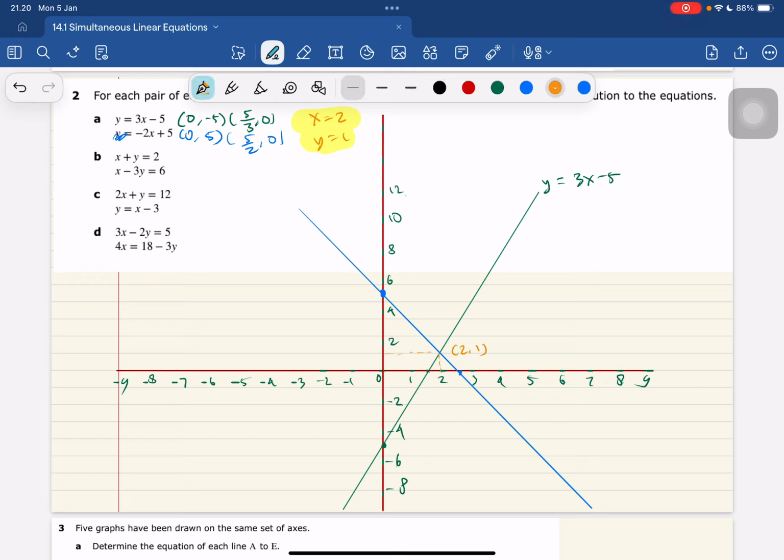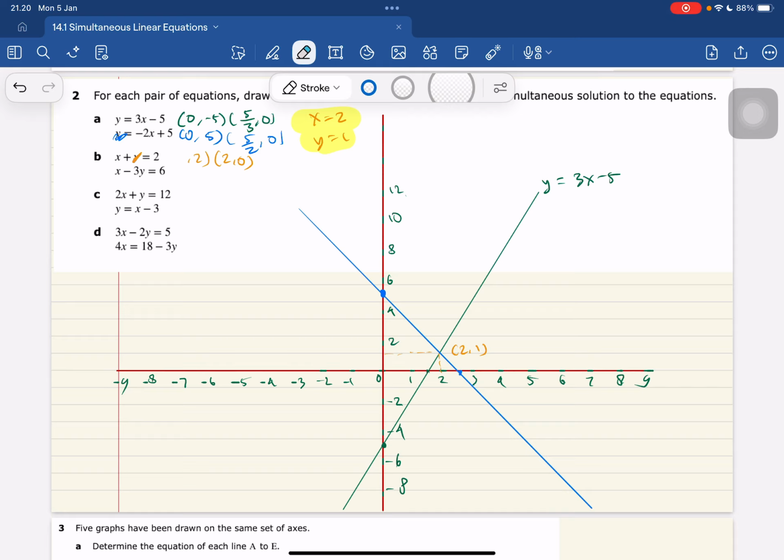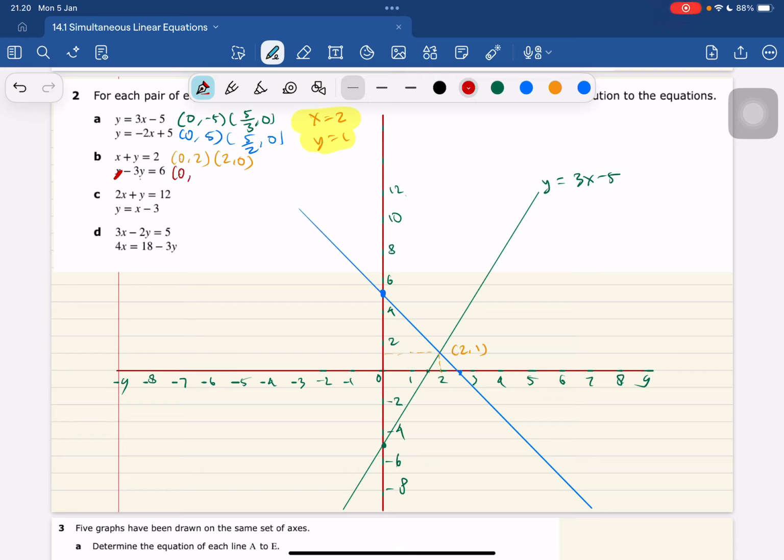Okay, next, let us give a try for this one. When x equal to 0, y equal to 2. Same thing, when y equal to 0, x equal to, okay, we got it perfect. Next, sorry. When x equal to 0, y equal to minus 2.